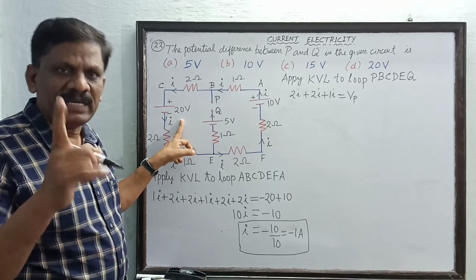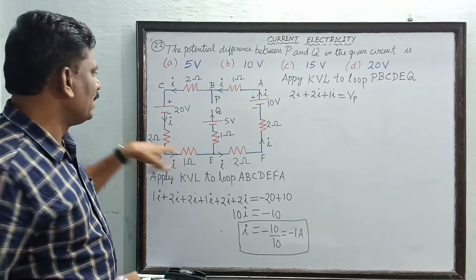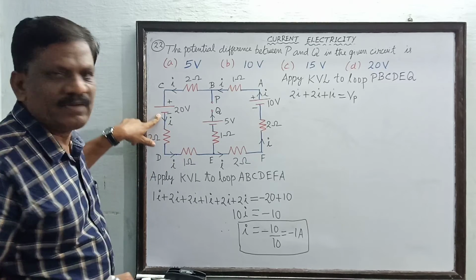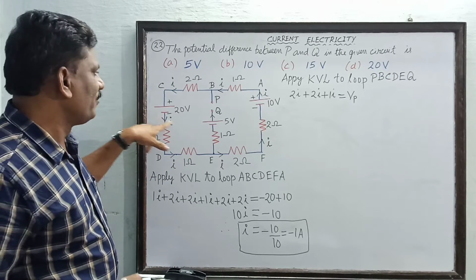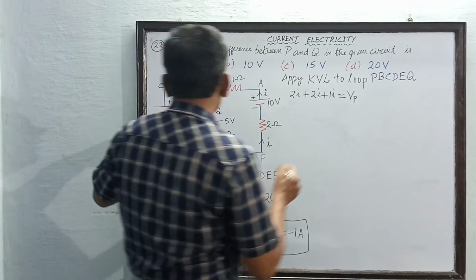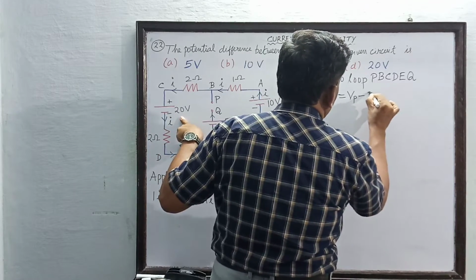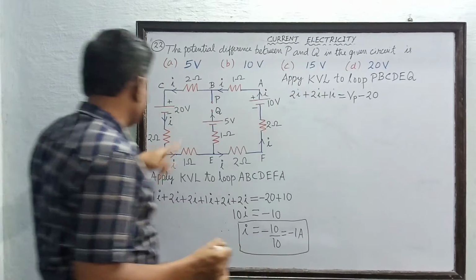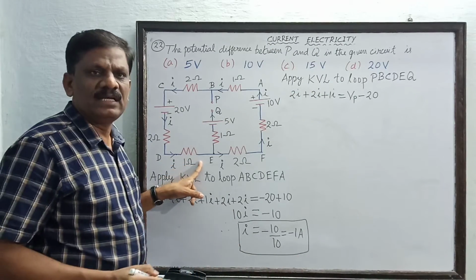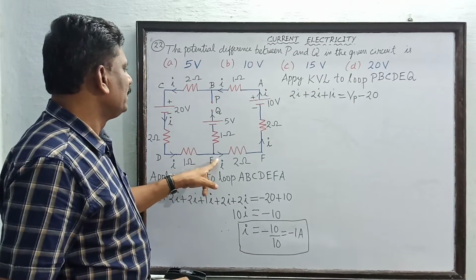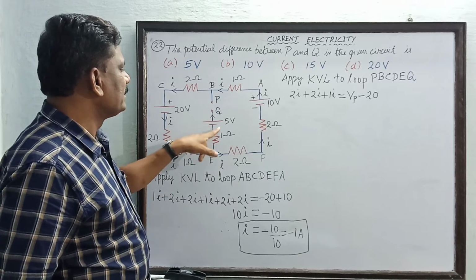It must be negative. Why? Because the current is starting from the negative terminal of the cell. Therefore, I will write this is minus 20. So Vp minus 20.